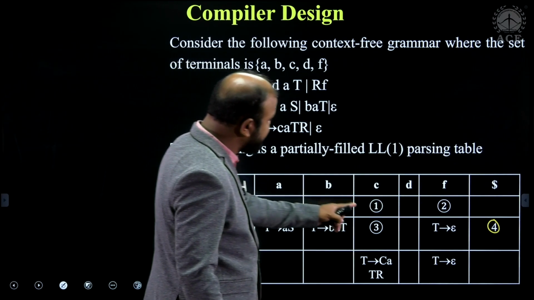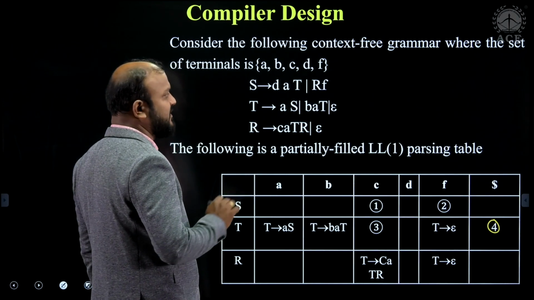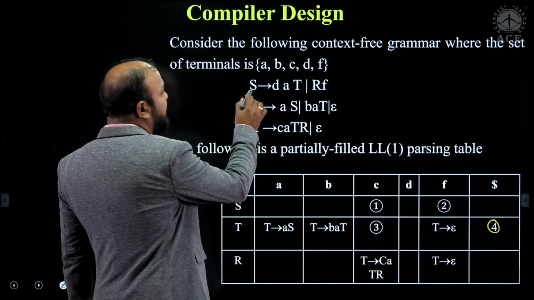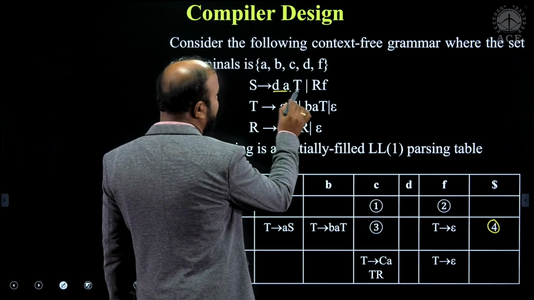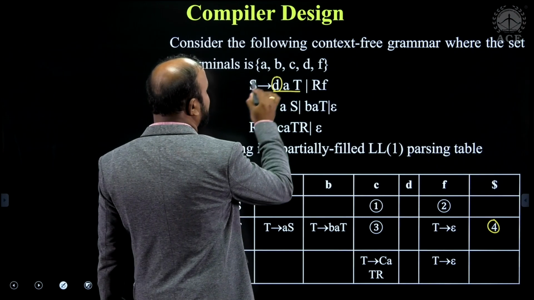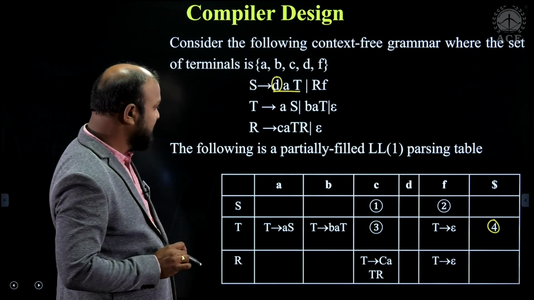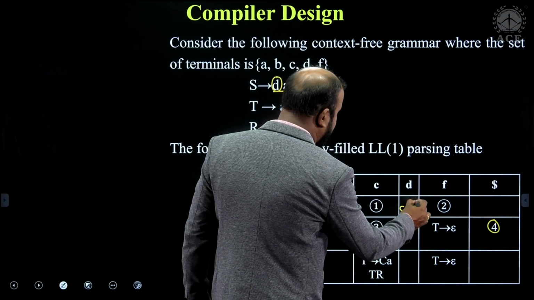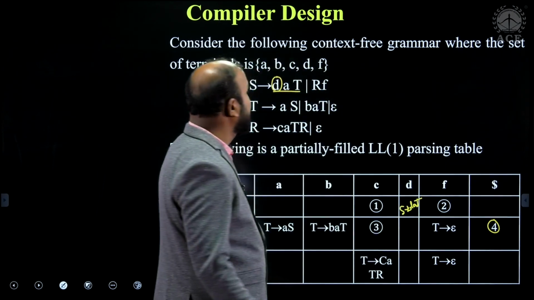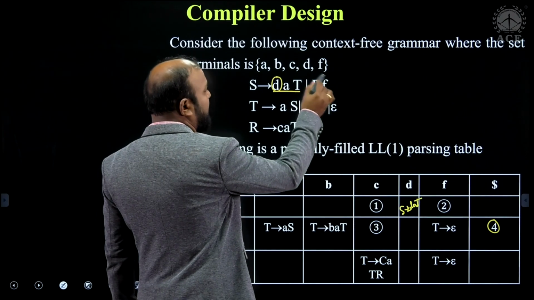For S we have two productions. S tends to DAT, we write in the S row and first of DAT, that is the D column. And S tends to RF, you write in the first of RF column.